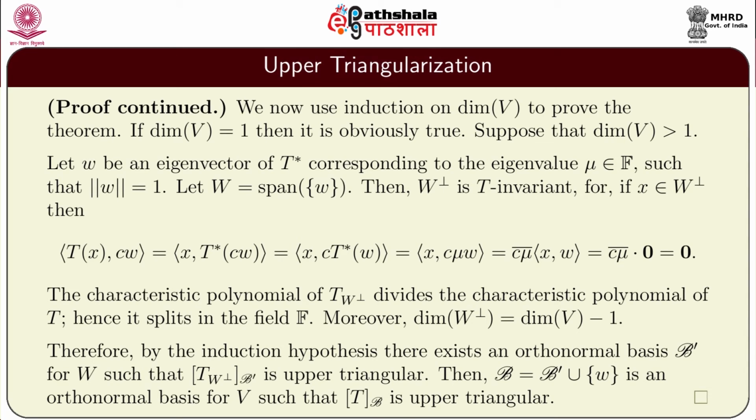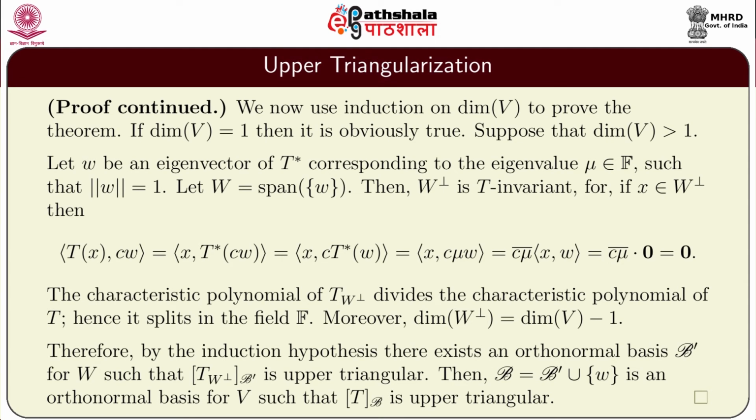The characteristic polynomial of T restricted to W perp divides the characteristic polynomial of T. Hence, it splits in the field F, and we have that the dimension of W perp is the dimension of V minus 1.